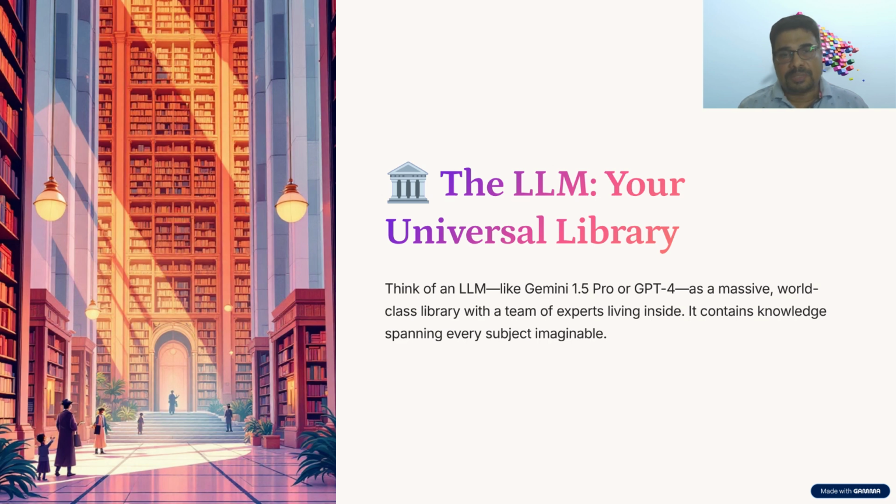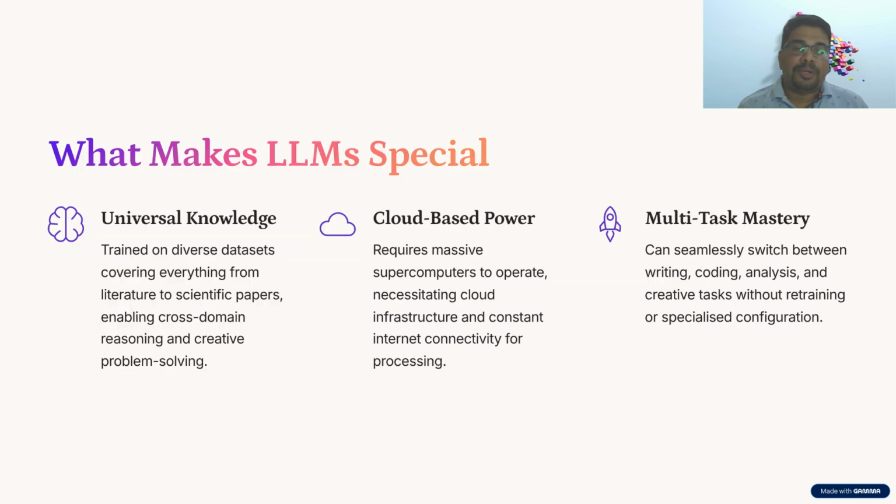Everyone knows it. It's actually the universal library. Think of an LLM like Gemini 1.5 Pro as a massive world-class library with a team of experts living inside. So that's how simply you have to look at it. It knows a little bit of everything, and it can write a poem like Shakespeare, explain quantum physics, and debug code all at once.